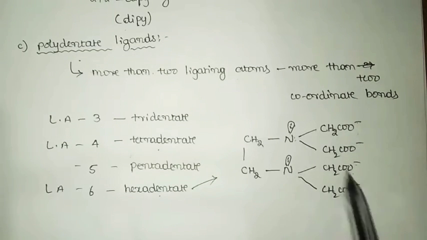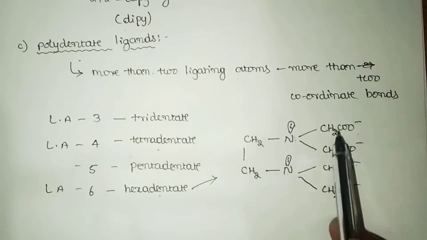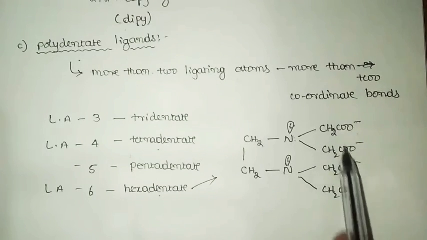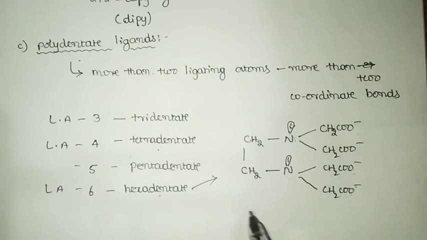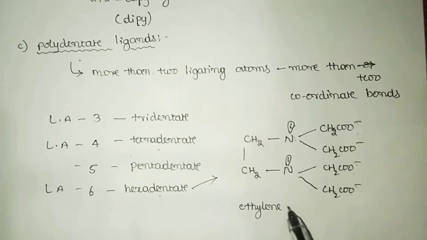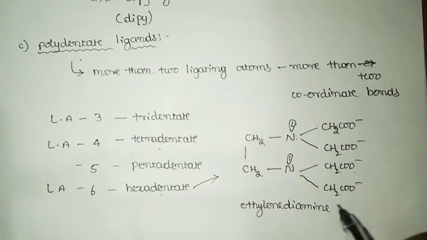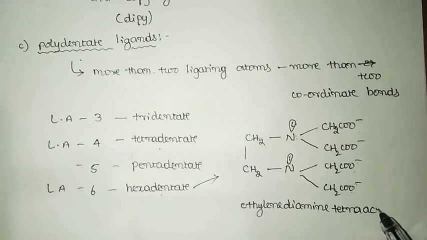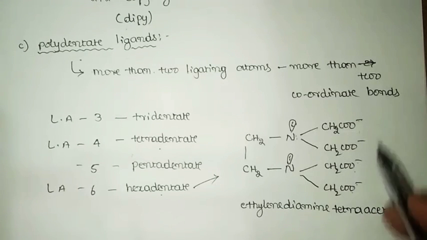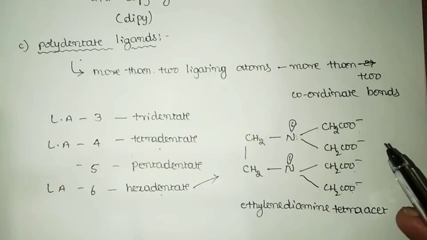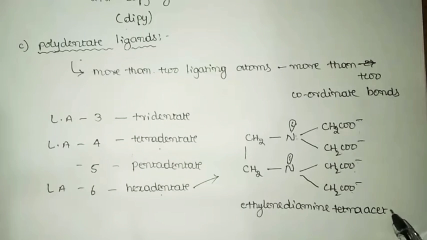And since it is the derivative of ethylene diamine, by inserting 4 acetate anions, we call this ethylene diamine tetraacetate. Since it is negatively charged, the name should end with O, so tetraacetato.